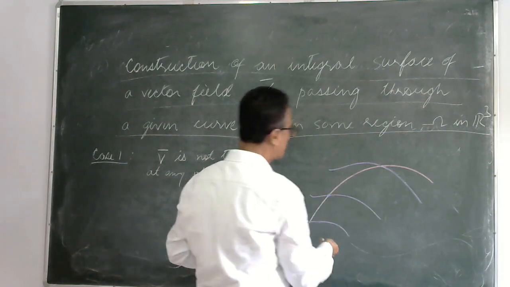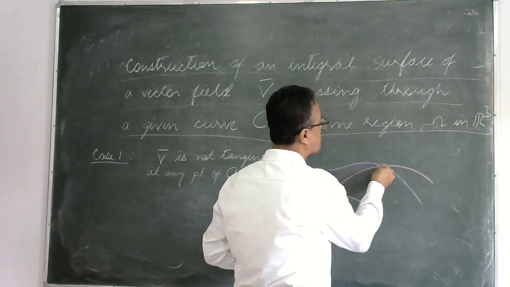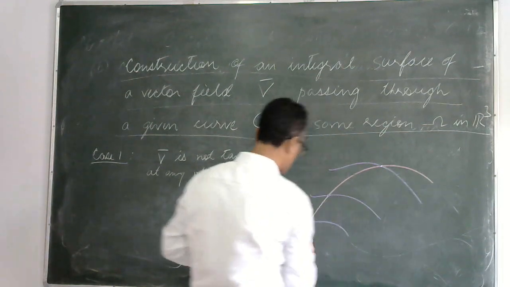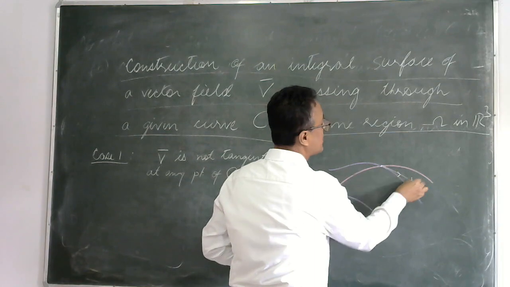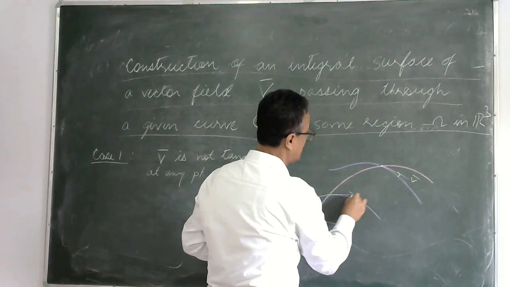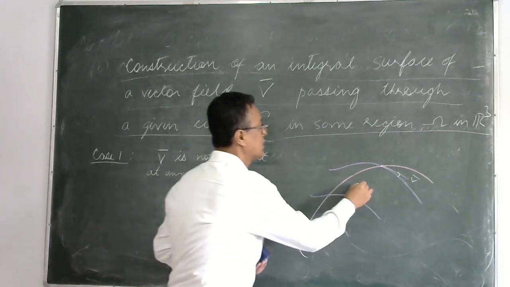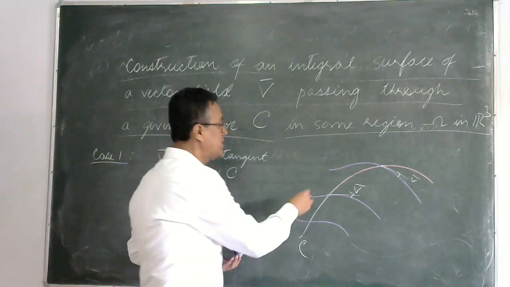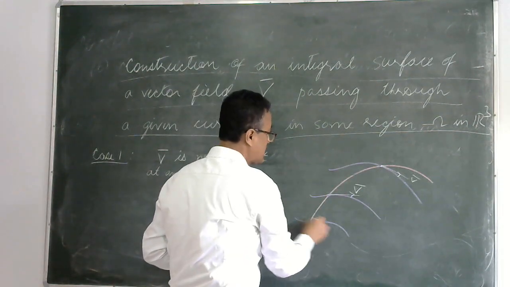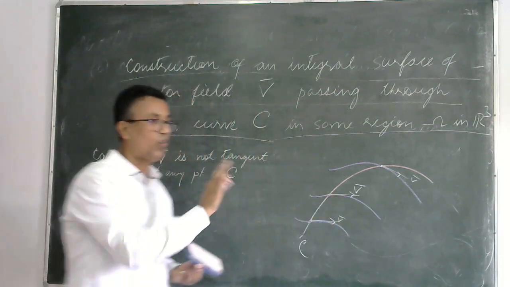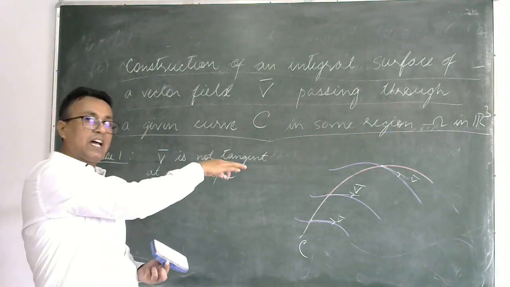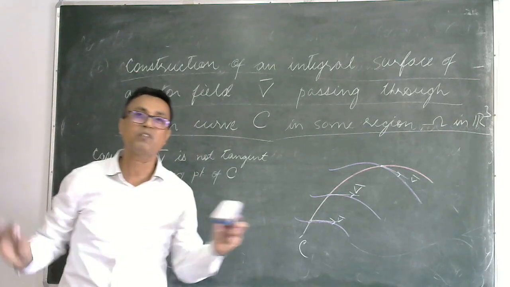So then what is going to happen? At each point lying on the curve C, if I draw an integral curve, that means v is going to be tangent to each of those integral curves, isn't it? Is this construction, whatever I have done for these three points, okay with everybody?